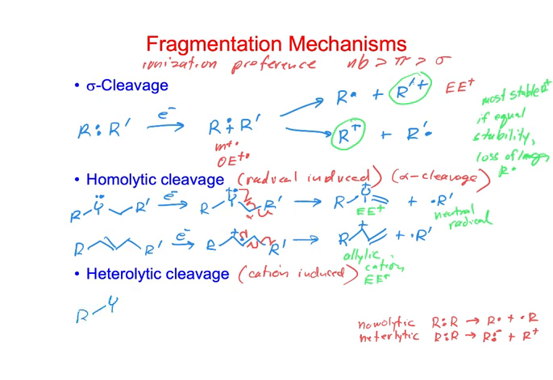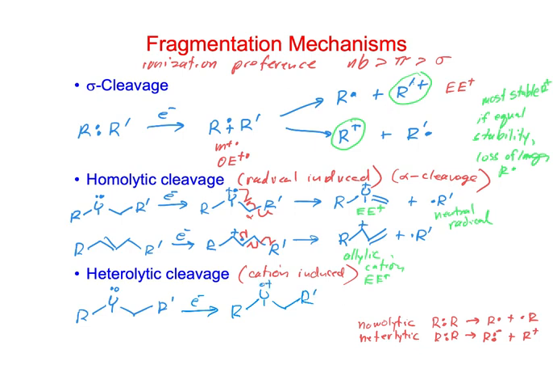So we could have this same kind of group that we did before, oxygen or nitrogen or something like that. We're going to ionize it with electrons. We're going to generate our molecular ion.